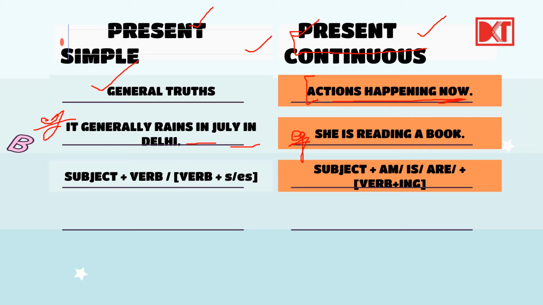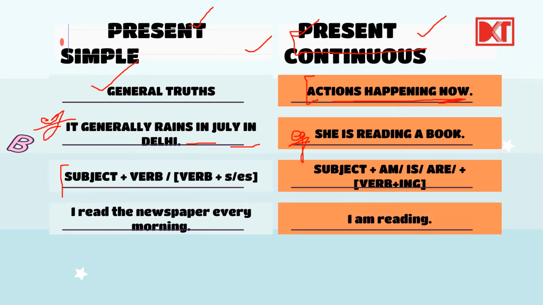So next we have simple present and present continuous formation. Now these formations we will be discussing in detail in the next few slides. Just a small idea, you should understand how present simple is formed. Subject plus either the verb, the first form, or verb and s or es.